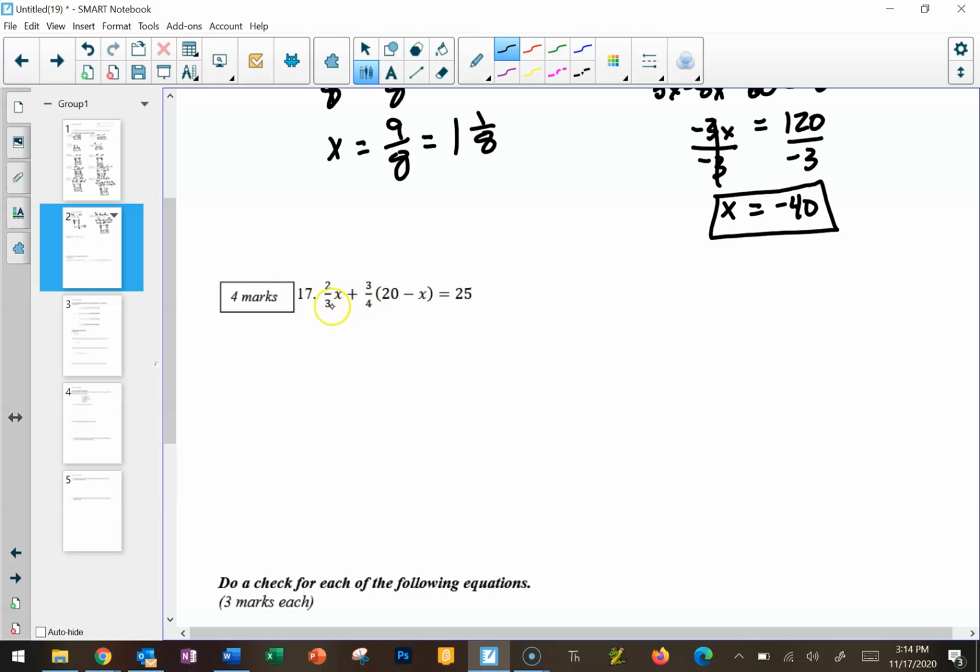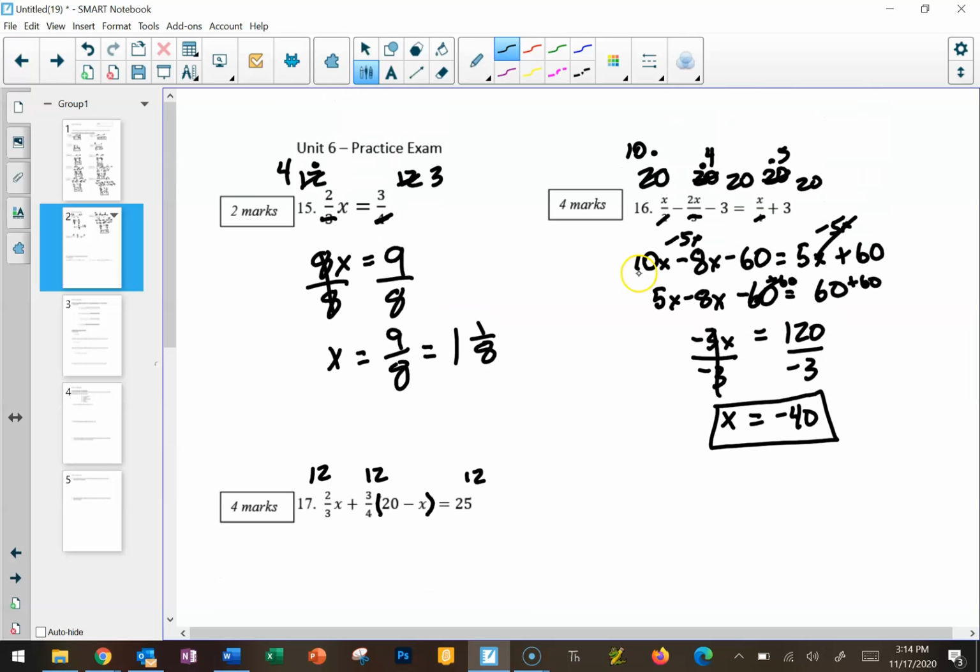So I'm going to find a common multiple between 3 and 4, and that's going to be 12. We already had one of those earlier. So I'm going to multiply 12 by each of these. Now here's the thing you got to be aware of. Because this is already a multiplication statement, you do not have to multiply the 12 by everything in the brackets. That's going to come later after we simplify the fraction. So you need to understand the difference between looking at something like this, where it's 3/4 and then in brackets multiplied by 20 by x.